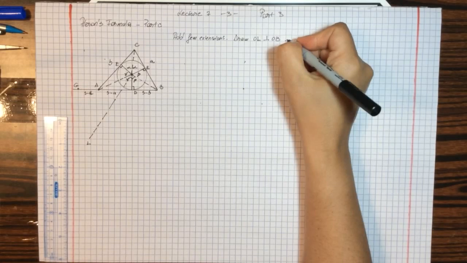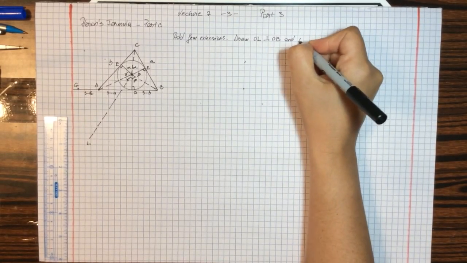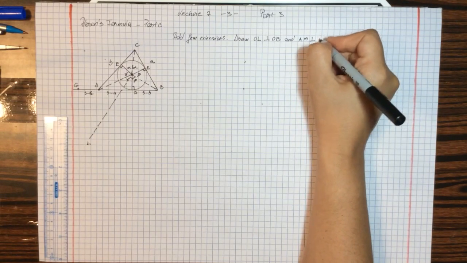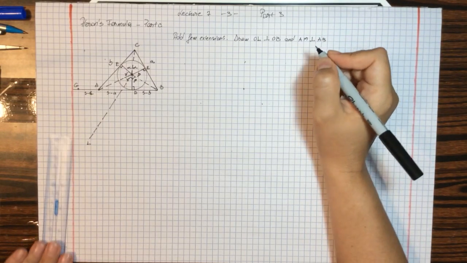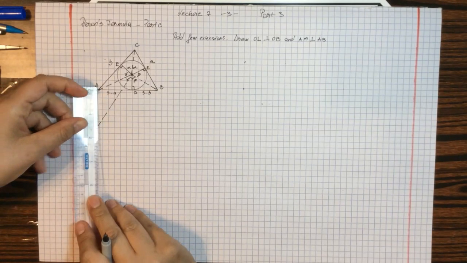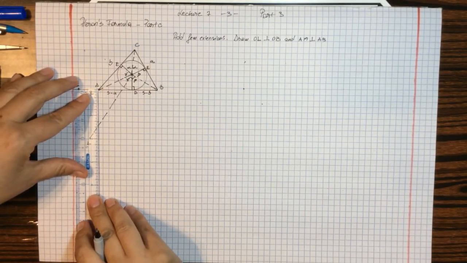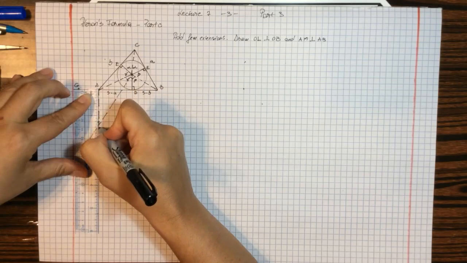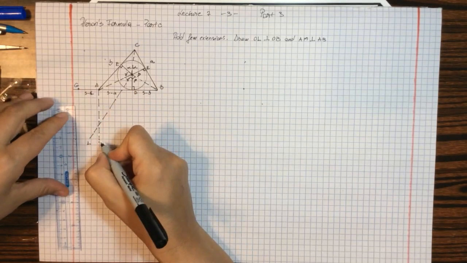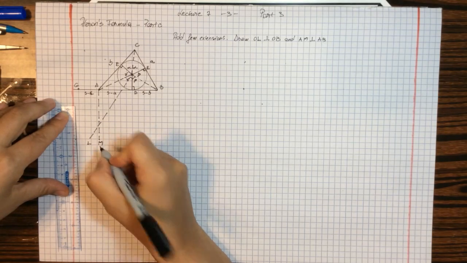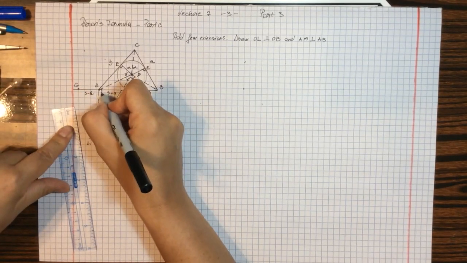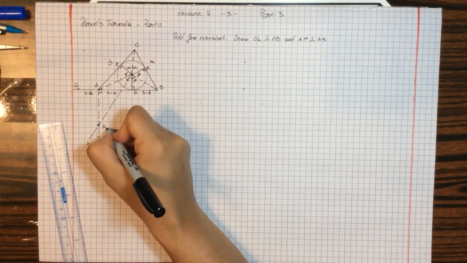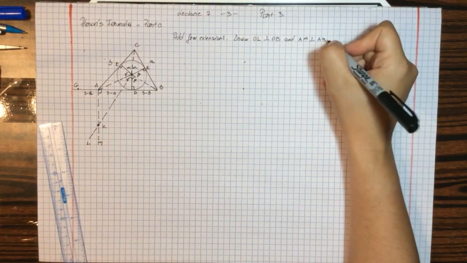And also line AM perpendicular to line AB. So this is the line AM. It is perpendicular to AB, and they intersect at some point. Let me call it point K.